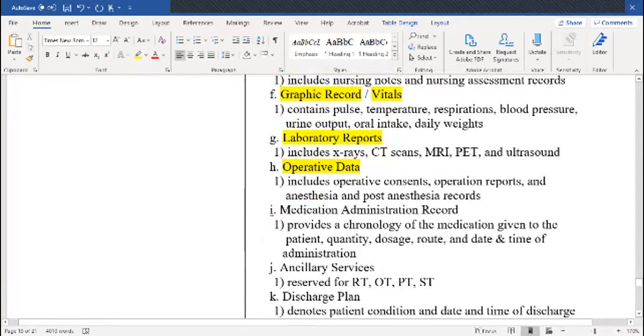And then the big one is the medication administration record. The MAR, M-A-R. The MAR is also known as the medication administration record. Right? That lets you know every medicine that was given, who gave it to him, what time it was given, and how much it was. Okay?